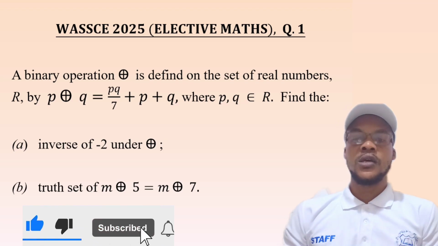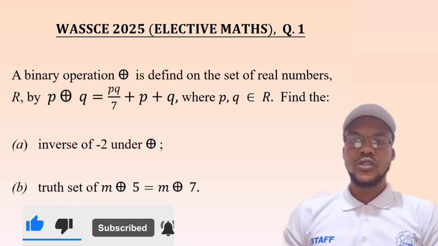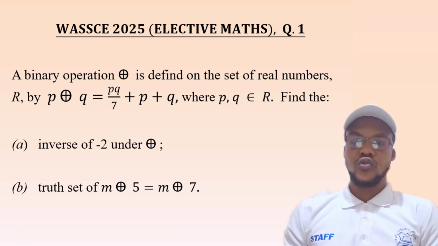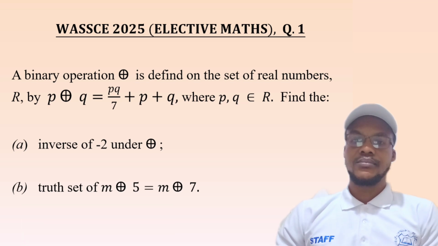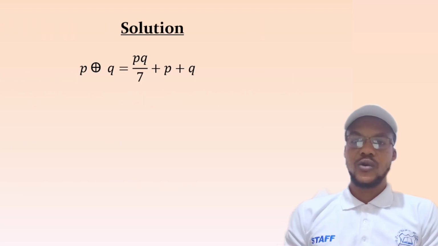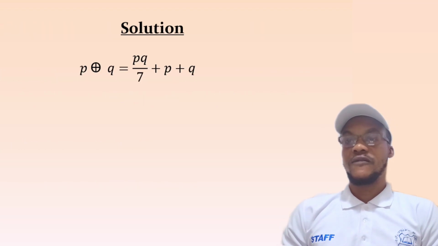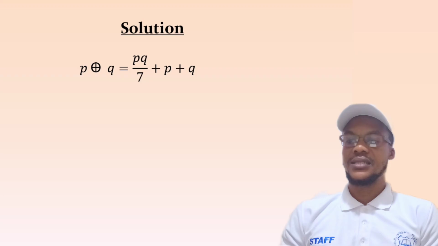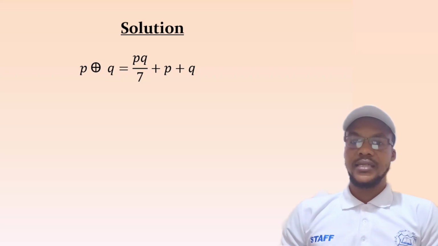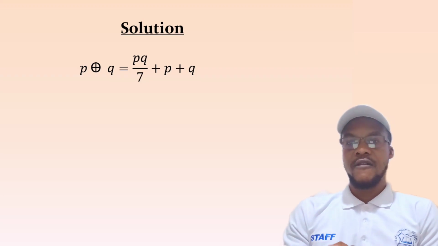So let's proceed to how we are going to go through our solution. This is one of the concepts of the senior high school. You can get a binary operation in both core mathematics and elective mathematics, but in this case, this question is for those doing elective mathematics.